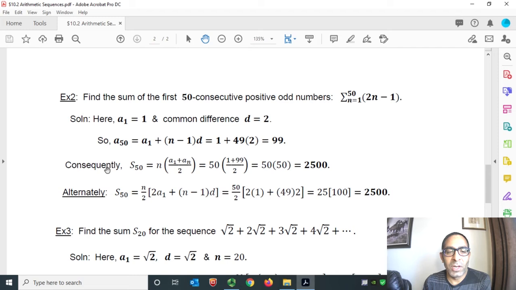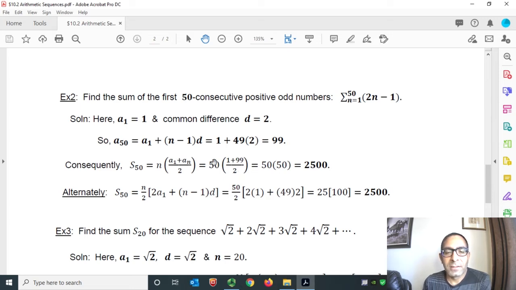Hence, by the formula, S50 equals n times (a1 plus a50) over 2. So n equals 50, we have a1 is 1, we found a50 is 99, over 2.